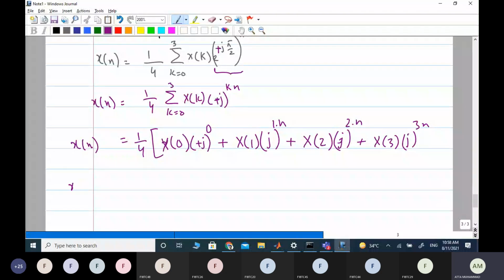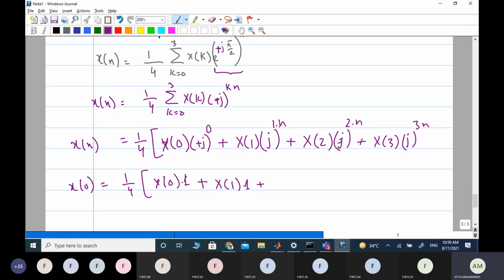Now what if we wish to compute x of 0? That would become 1 by 4, capital X of 0, j power 0 is 1, I don't have to write it again and again, plus X of 1, and in this case we have n equal to 0, so again this becomes 1, right?